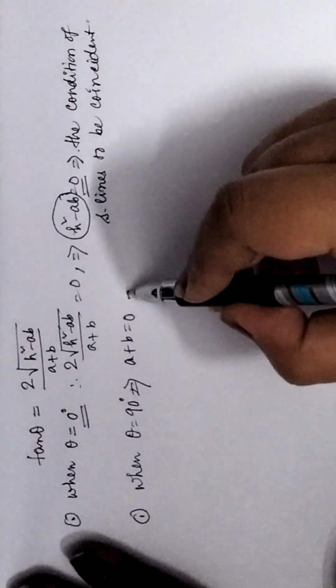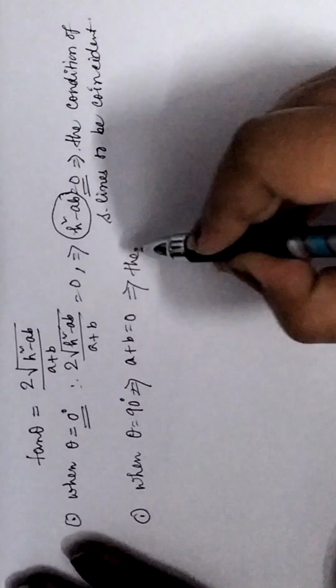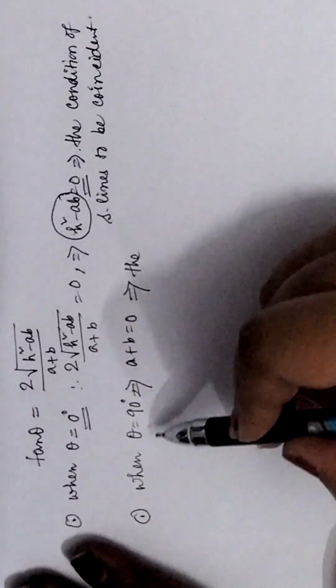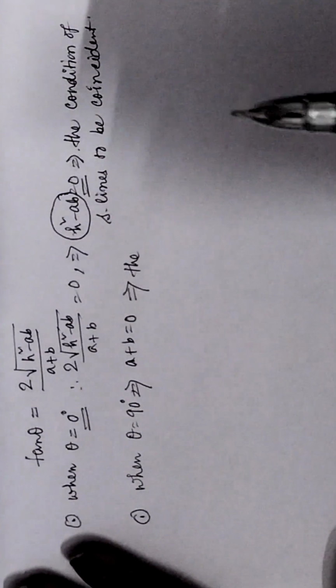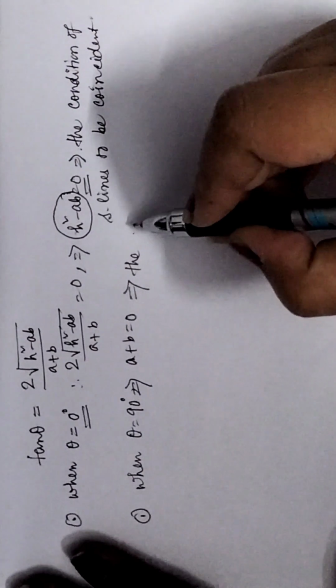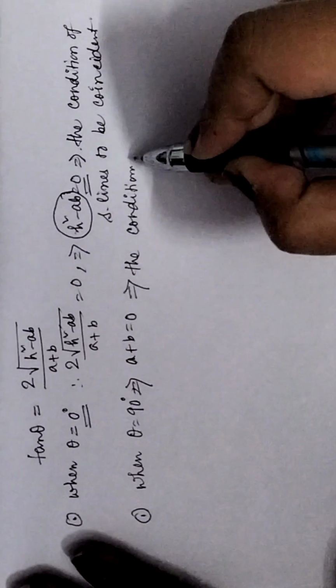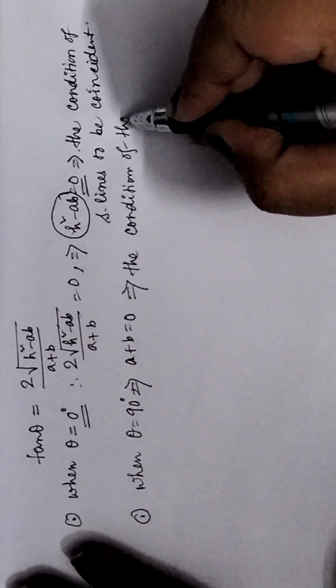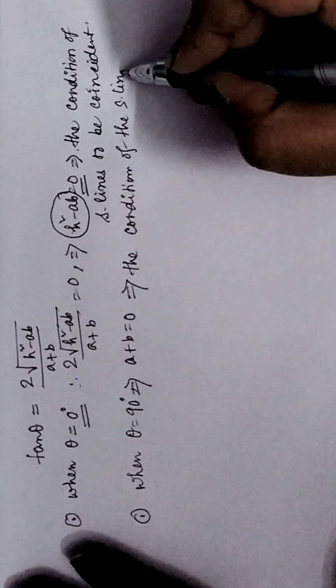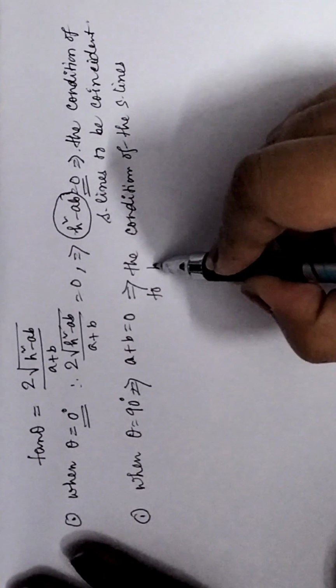So this is the condition. Now theta 90 degree means what? The lines are perpendicular to each other. Okay. So this is the condition of the straight lines to be perpendicular.